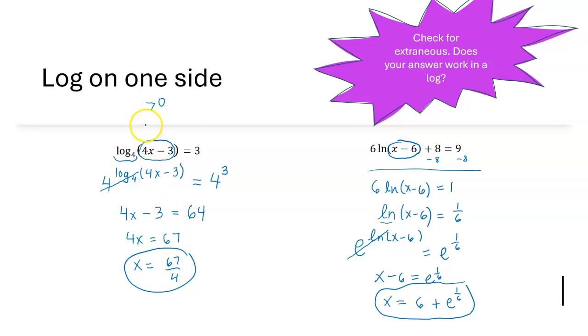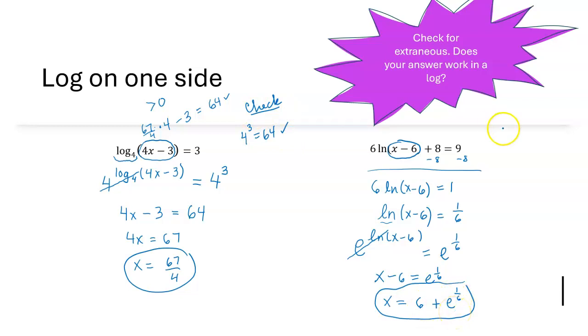If I put 67/4 times 4 minus 3, I get 67 minus 3, which is 64, and that is totally okay to put in a log. While I'm here, I might as well double check. Is it true that 4 to the 3rd power is 64? Yes, it is. So that's good.